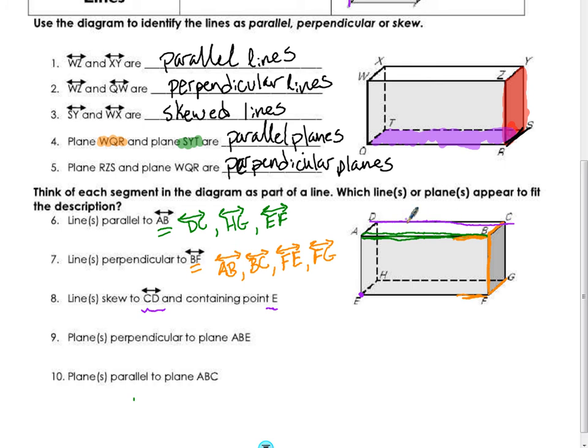So one of those options is obviously EF down here, that would work. Or I'm sorry, EH, which contains the point E and the point H. The only other one we could really see here is AE going here. The reason we wouldn't include EF is because EF technically is parallel, and technically I could draw a plane through two parallel lines. So the other one would be AE.